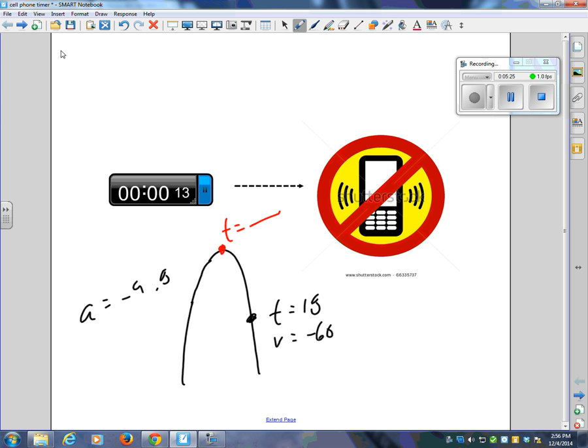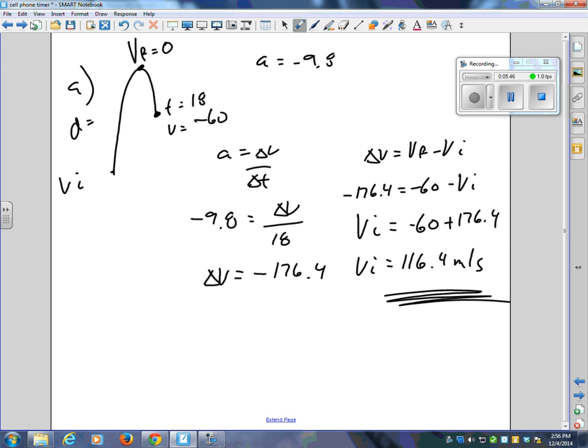Nate, stop talking. I still got 88.2, so it's good. You plug in and say it's 60 positive now, it's upwards, and it's still giving you.